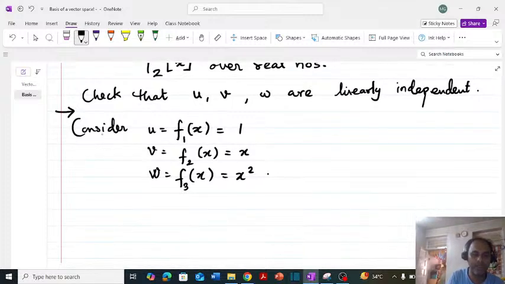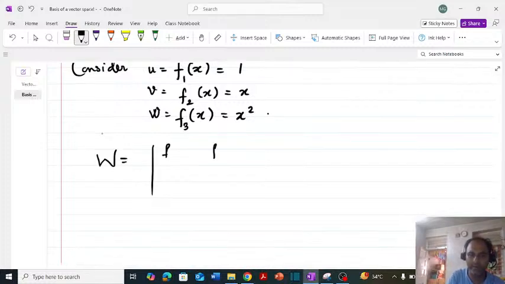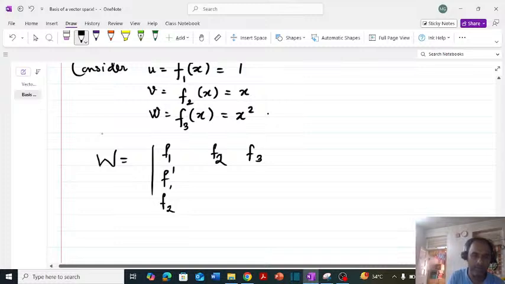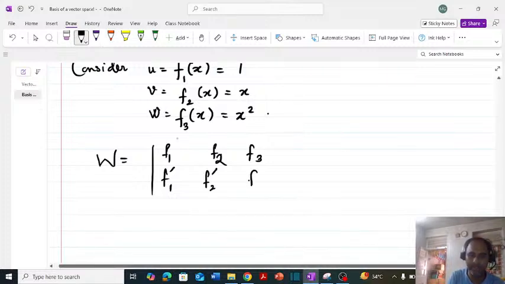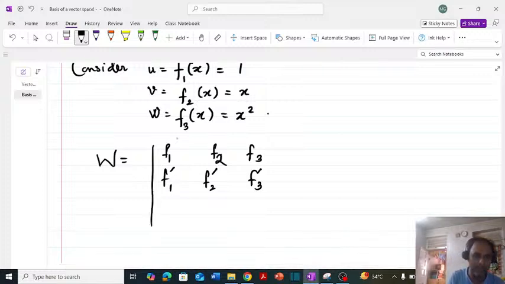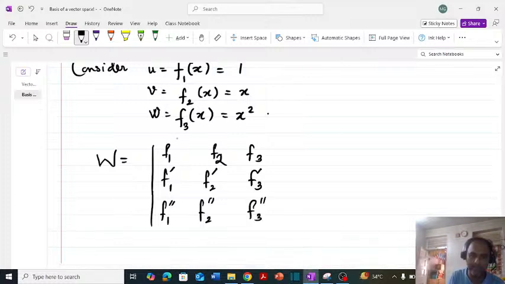Now calculate the Wronskian W: the rows f1, f2, f3, then the first derivatives f1 dash, f2 dash, f3 dash, then the double derivatives f1 double dash, f2 double dash, f3 double dash.